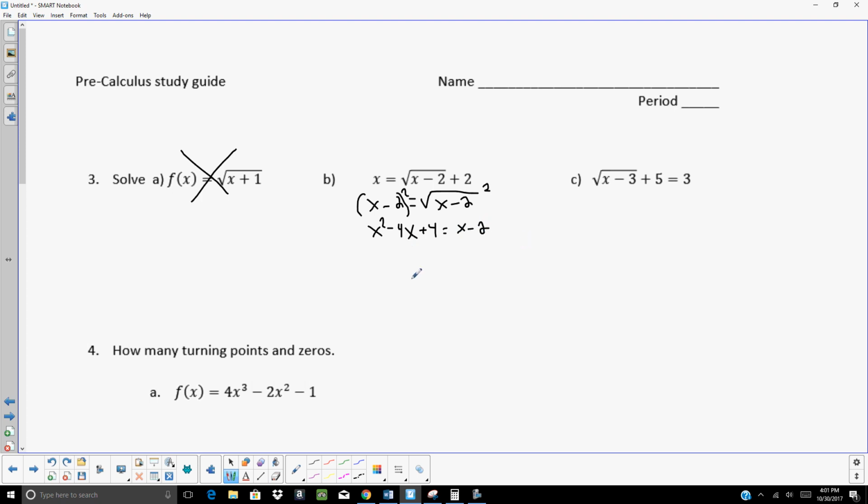In order to solve a quadratic, it has to be set equal to 0. So I'm going to subtract x from both sides. 4x minus x gives me that 5x. I'm also going to add 2 to both sides.